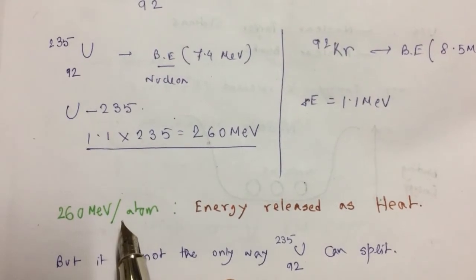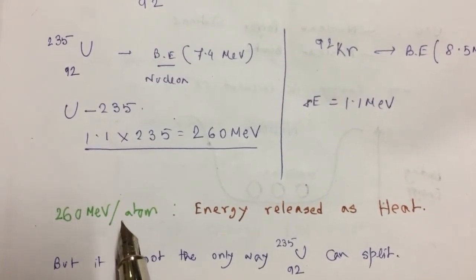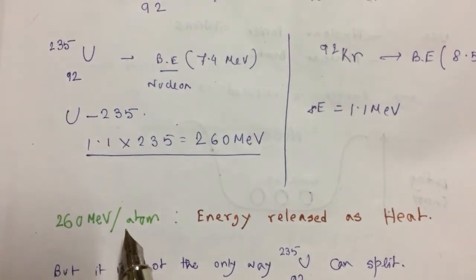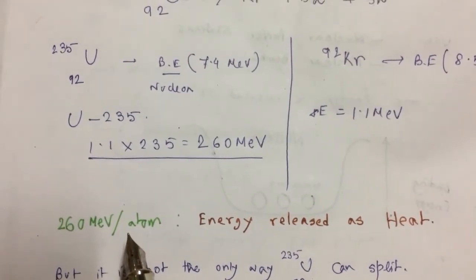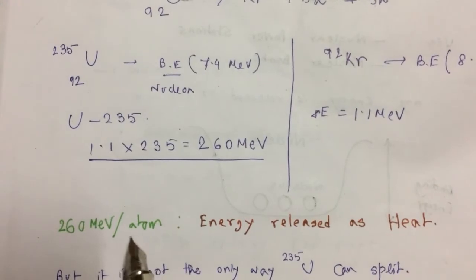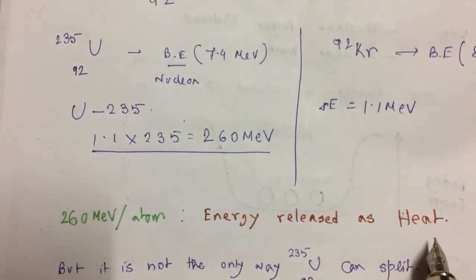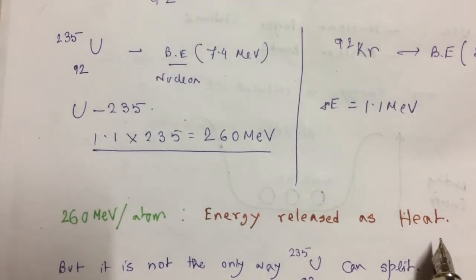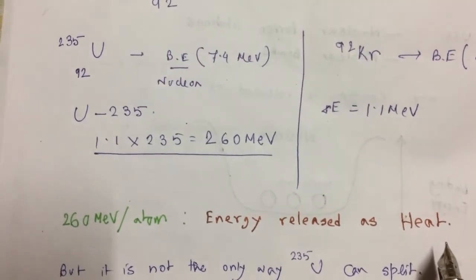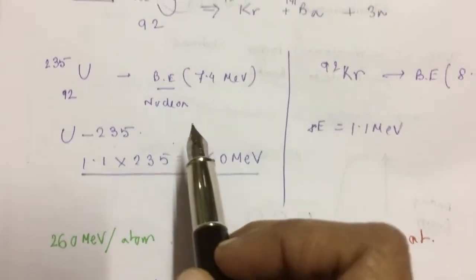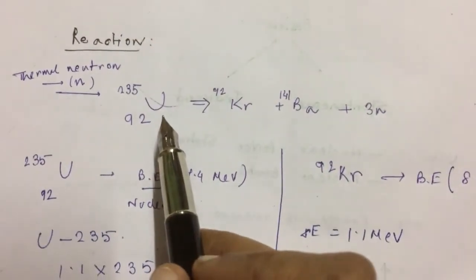So we can estimate the huge amount of energy released in nuclear reactors, and this energy is released as heat, and this heat is used to rotate the turbines, which in turn produce electricity. But this is not the only way in which we can split up this uranium.